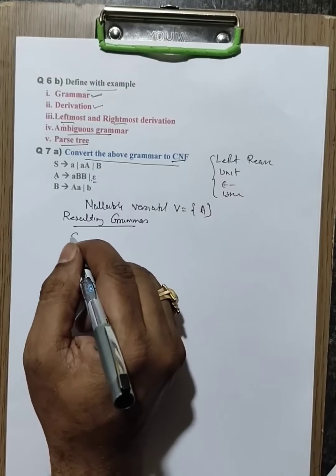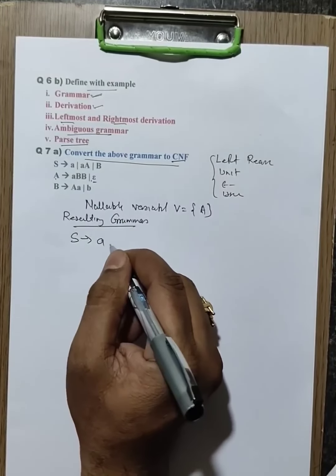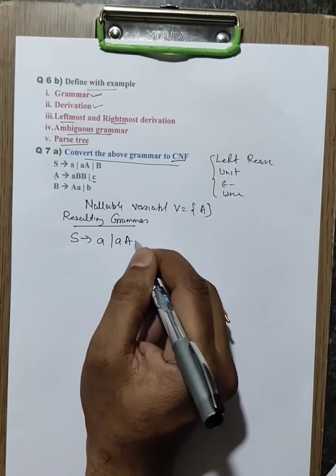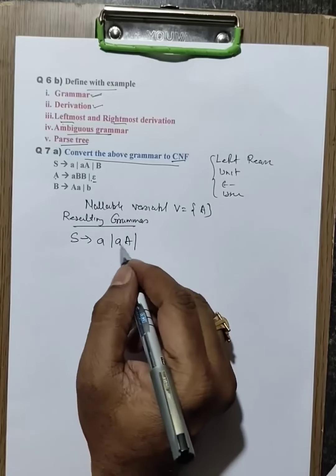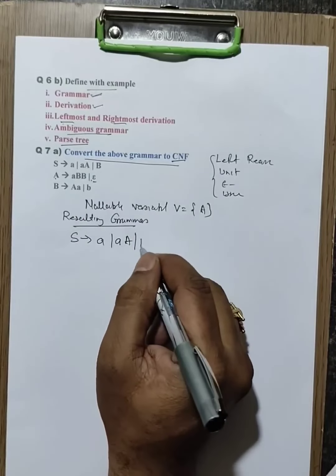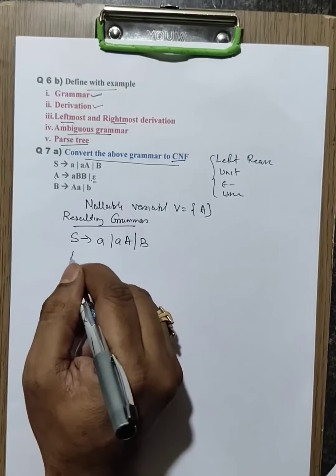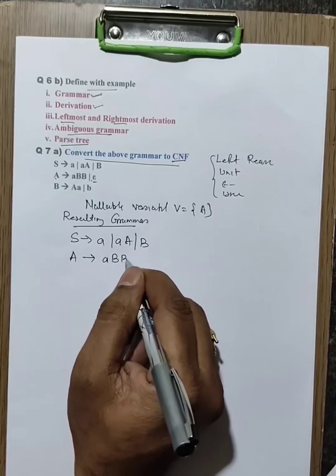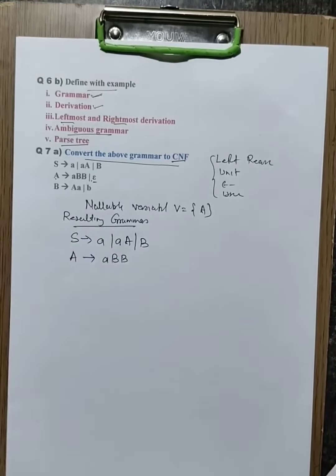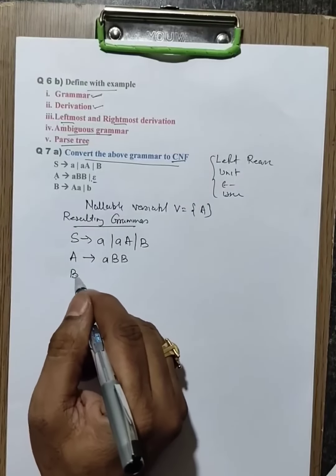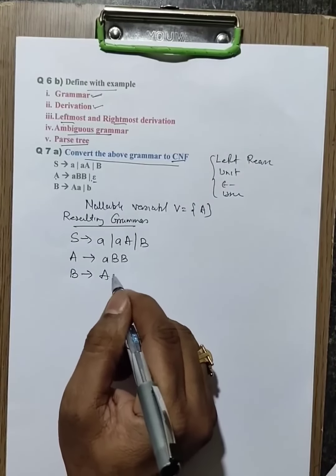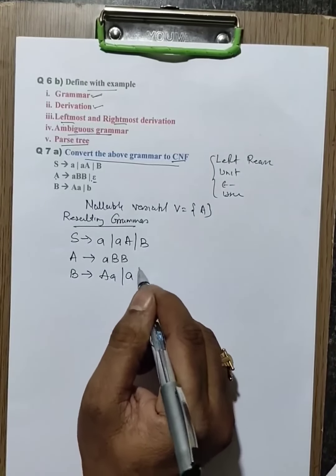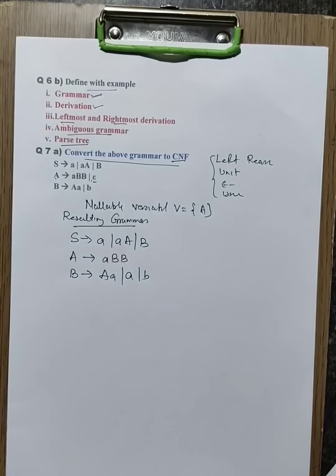S produces A, and if A produces epsilon, A is already there. Then this is B. And A produces A B, removing this epsilon. And B produces A, and A produces epsilon means just B.